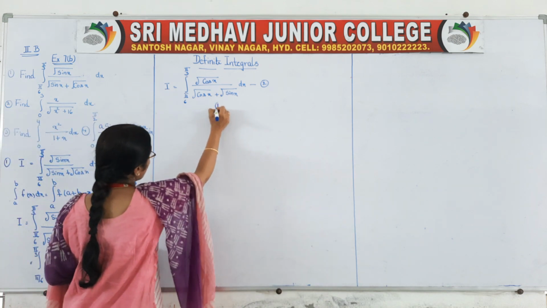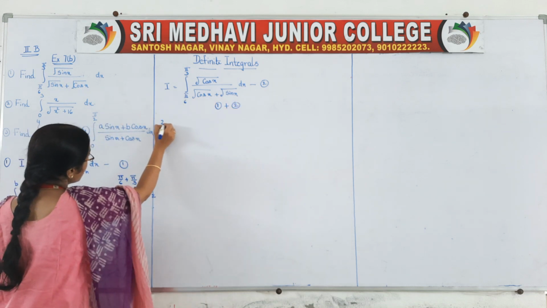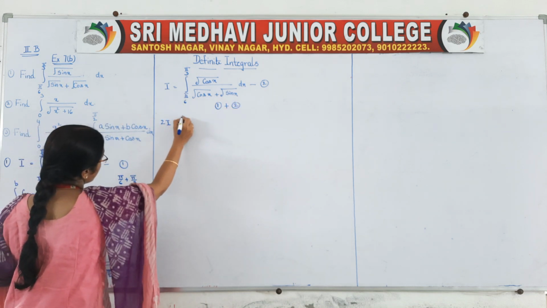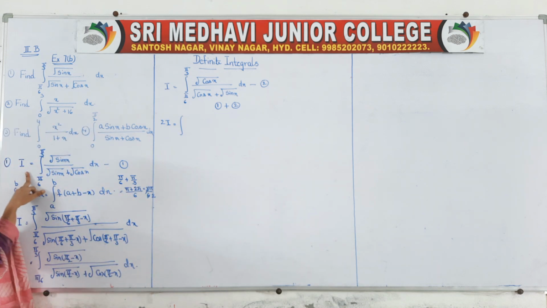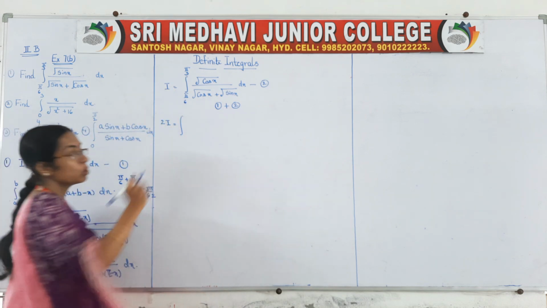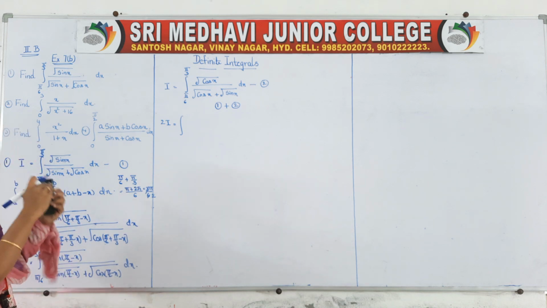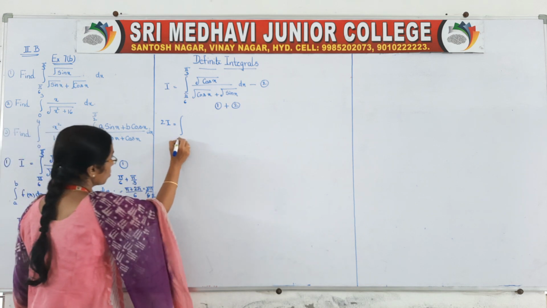Now you add the two values, 1 plus 2. So what happens? It is 2I is equal to, observe the first equation. See the limits, pi by 6 to pi by 3. Here also it is pi by 6 to pi by 3. Whenever both have the same limits we can write them combinedly.